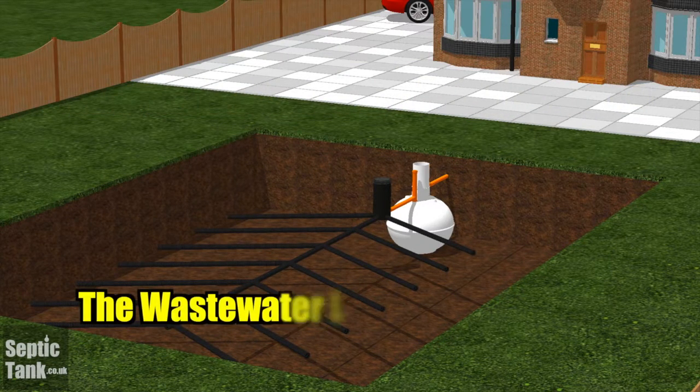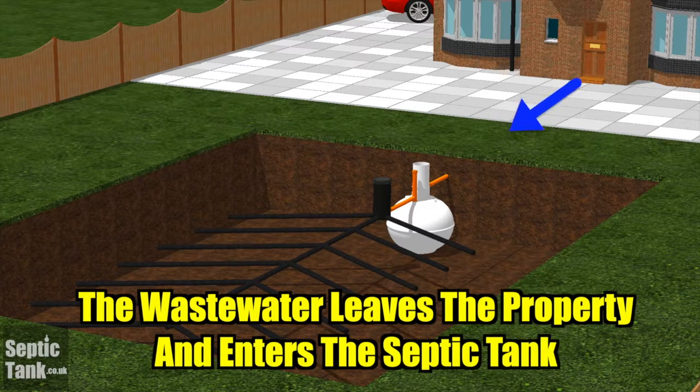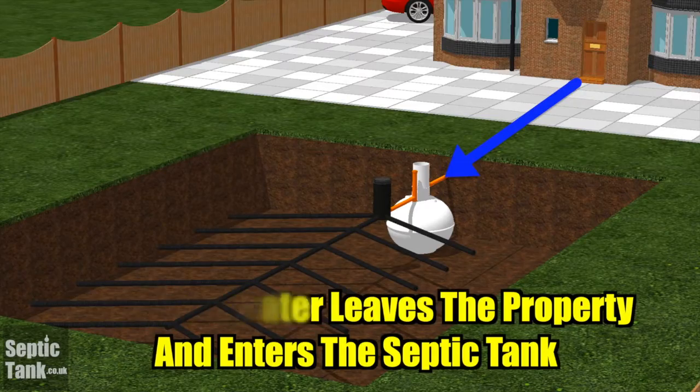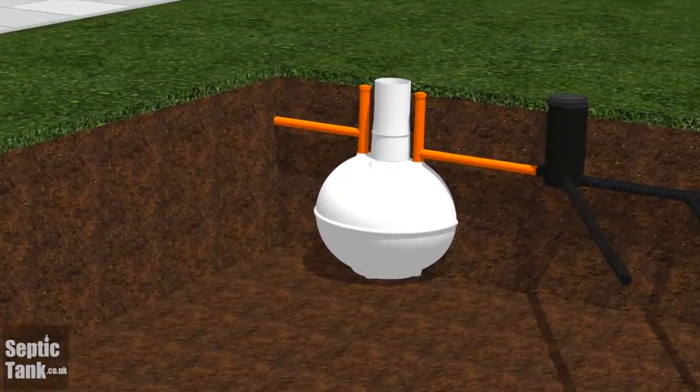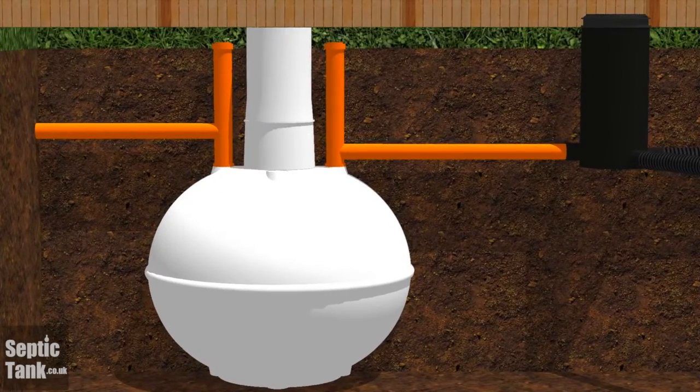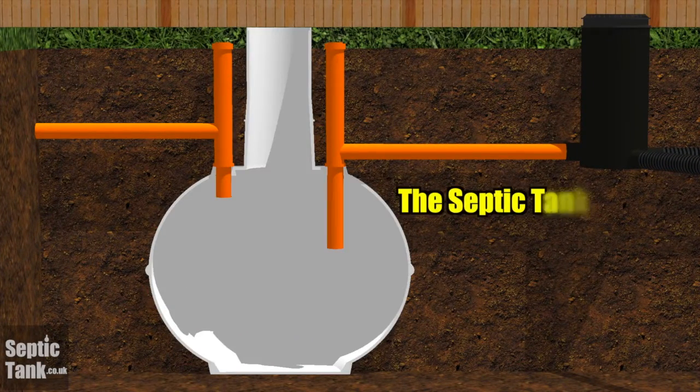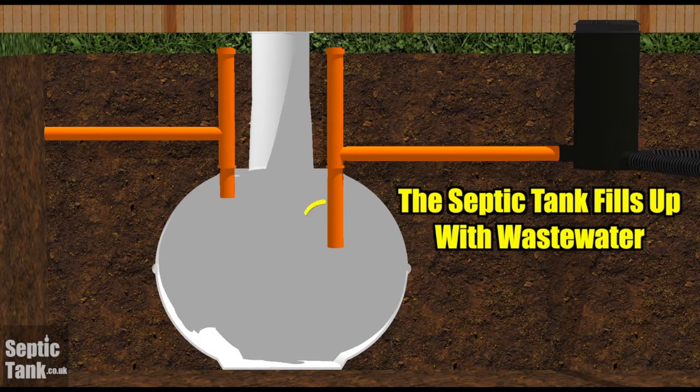The wastewater leaves the property and enters into the septic tank. Once the wastewater enters the septic tank then fills up until the wastewater reaches the outlet pipe.